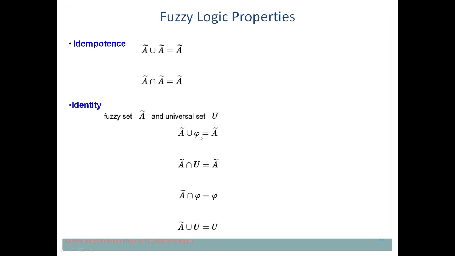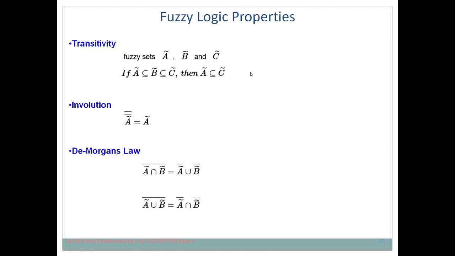Now next, when a fuzzy set combines with the universal set, fuzzy set A intersection universal set U, you will get fuzzy set A. And suppose you combine fuzzy set A union universal set U, you will get the universal set U. Okay, so this is the identity property of a fuzzy logic.